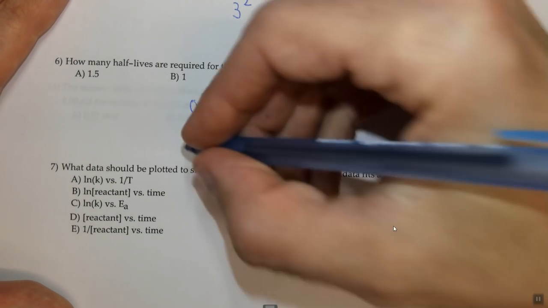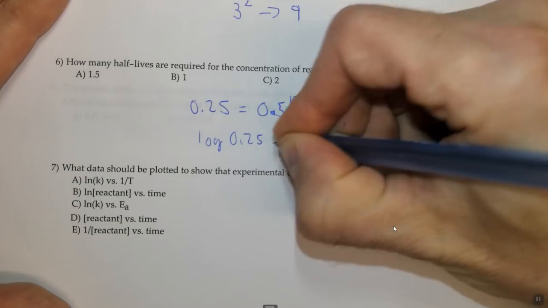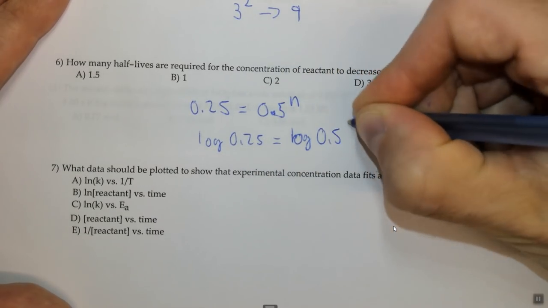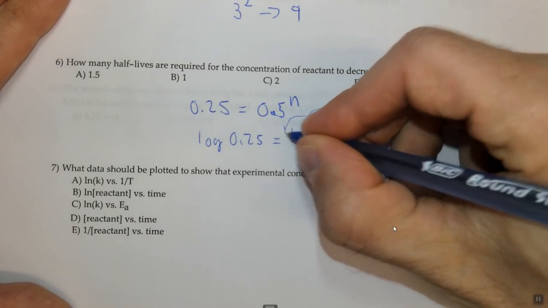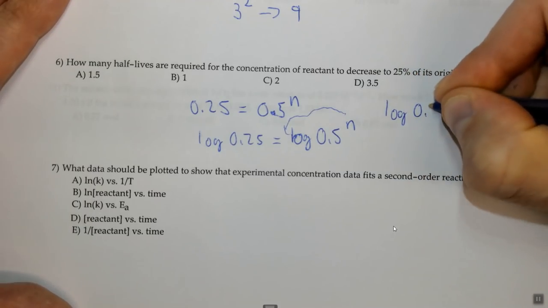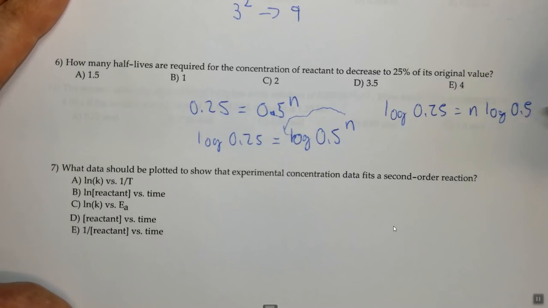How do you solve this? Well, log of 0.25 equals log of 0.5 to the n. So I take the log of both sides. Mathematically, because it's a logarithm now, this exponent goes outside. So I get log of 0.25 equals n log 0.5.